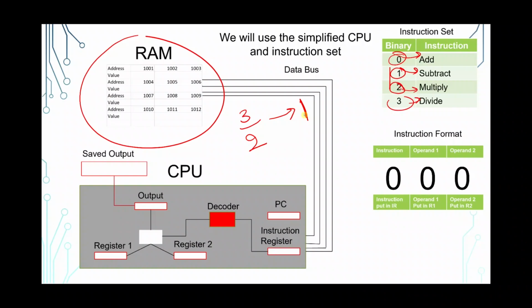The actual result is 1.5, and we remove anything after the decimal point, so we end up with just the 1. 2 divided by 3 is 0, because that is 0.67, so we remove everything after the point and end up with a 0.